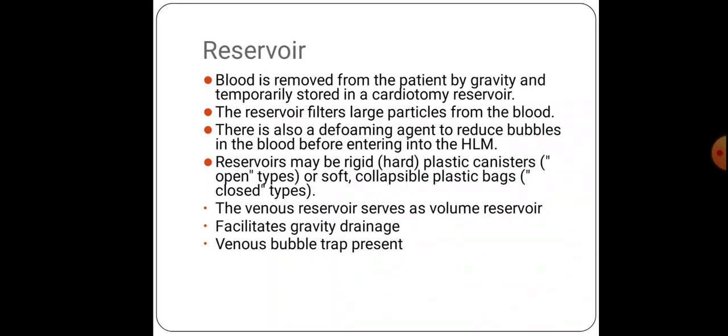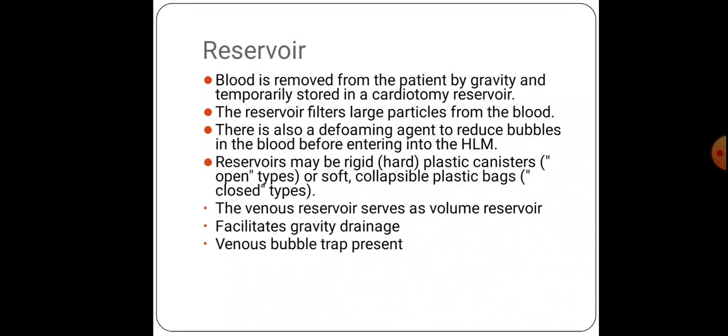The reservoirs may be rigid hard plastic canisters, which is an open type, or a soft collapsible plastic box, which consists of a closed type. The reservoir function is mainly as a venous reservoir serving as a volume reservoir, where the total volume of blood is stored.